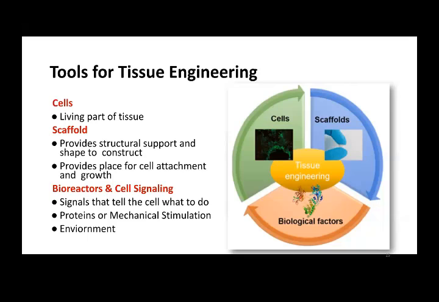So there are also strategies that can be used in engineering tissues. They can broadly be classified in three major classes. Before going into these tools, they include conductive, inductive, and cell transplantation approaches.